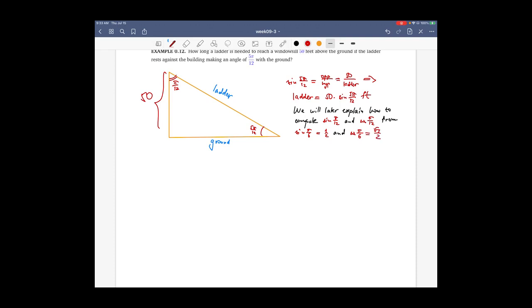The relation between pi over 6 and pi over 12 is clear. Pi over 12 is half of pi over 6. So pi over 6 is simply twice the angle pi over 12.